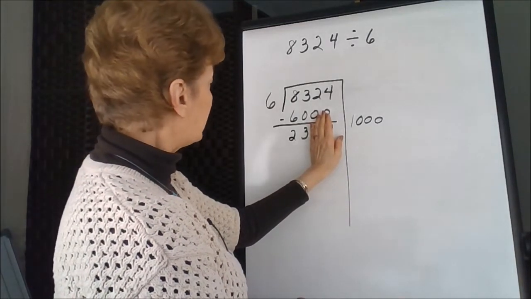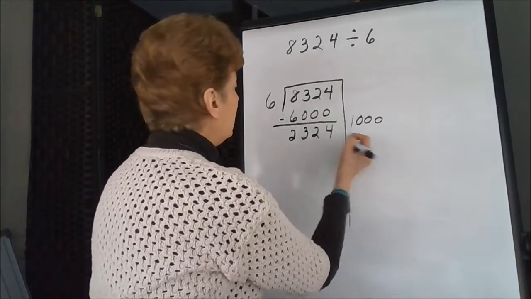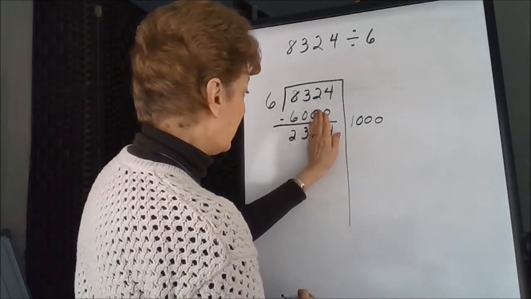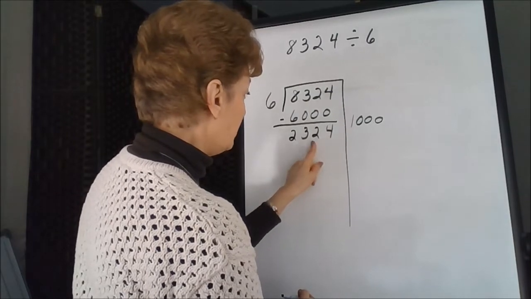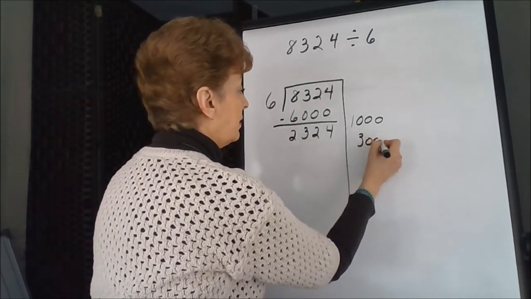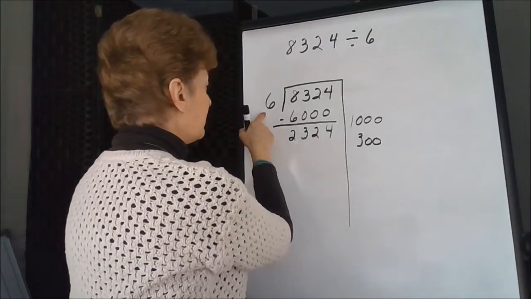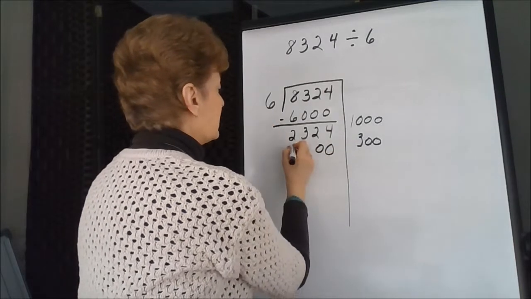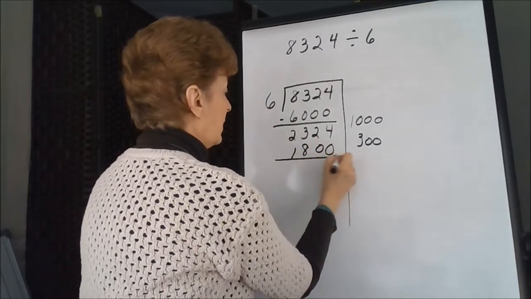So it's 18, that's 3, but the 23 now is in the hundreds position. There are 2 numbers after it, so we would have 300 here. 300 times 6 is 2 zeros, and then 3 times 6 is 18, and subtract.